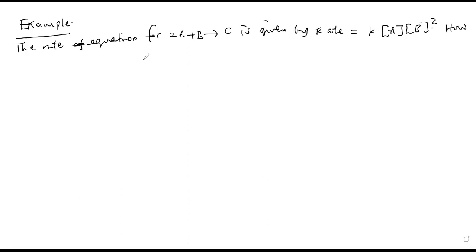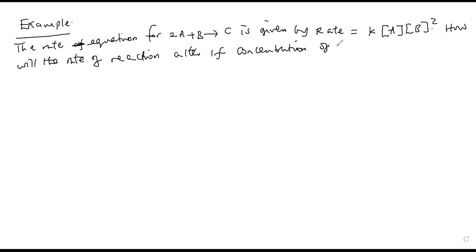How will the rate of reaction alter if the concentration of A is doubled but the concentration of B is kept constant?